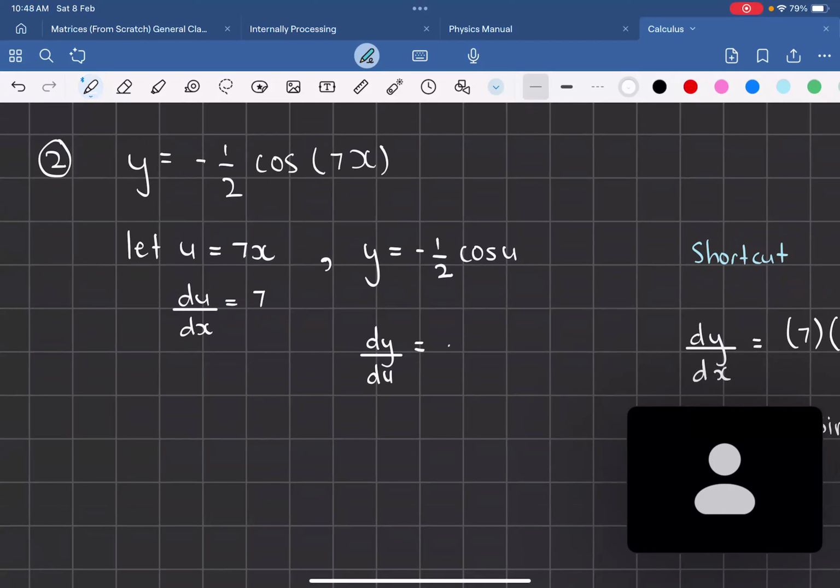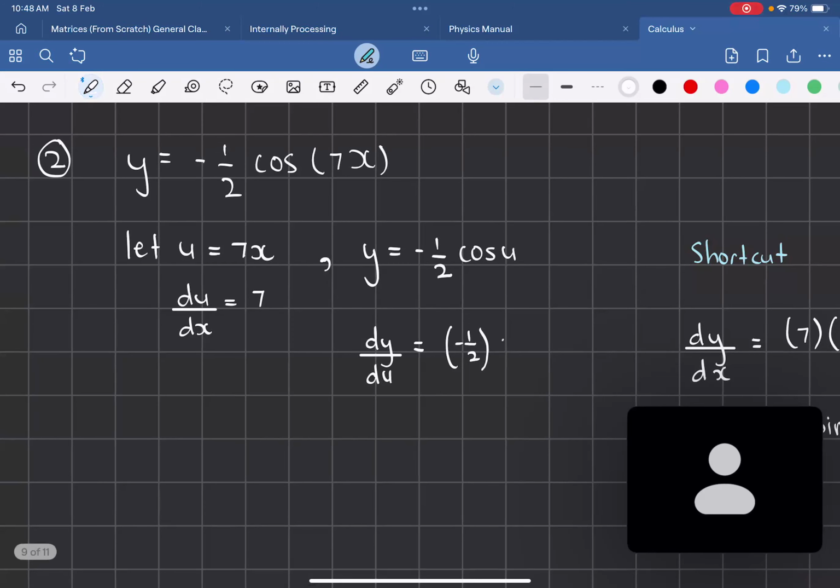The minus a half is just a number in front, so don't bother with that. Differentiating cos u, we get minus sine u. So minus a half by minus is a positive. Positive a half.